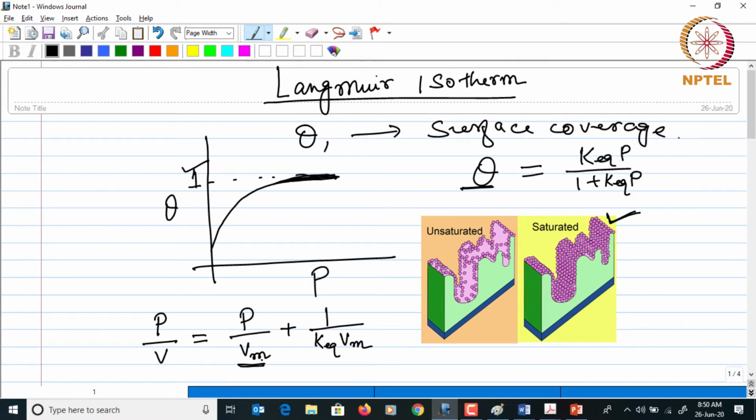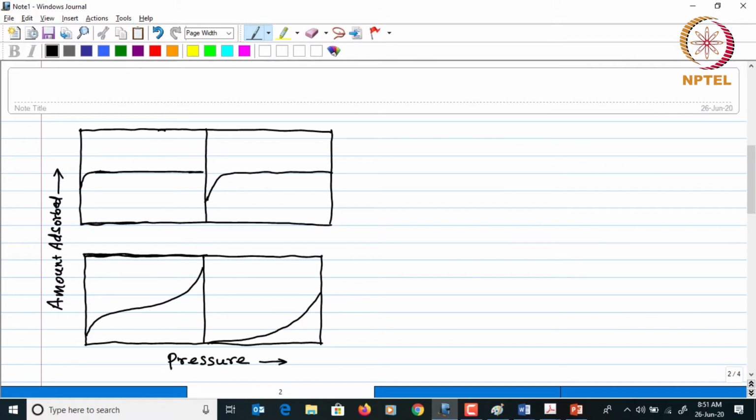But before we come to that, let us also have a look at the different types of isotherms. So depending on the interactions between the adsorbent and the adsorbate, there could be different types of isotherms. So let us talk about that.